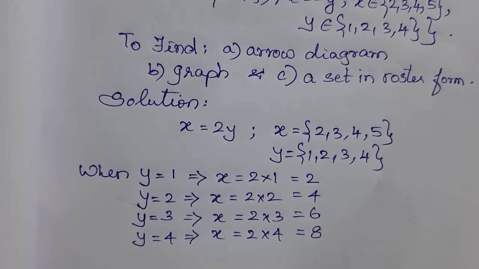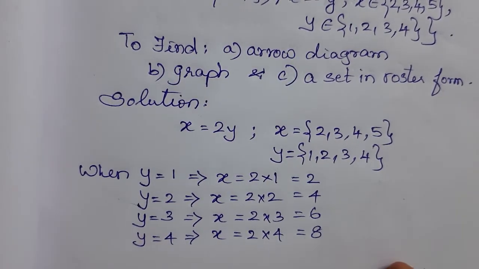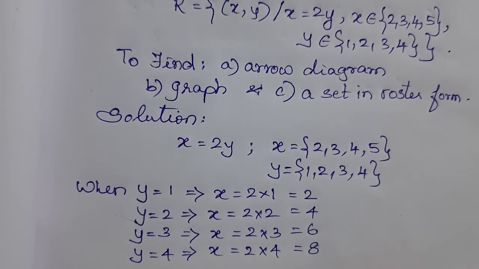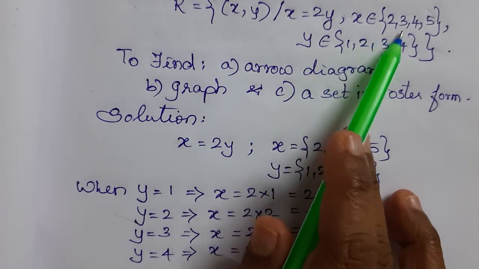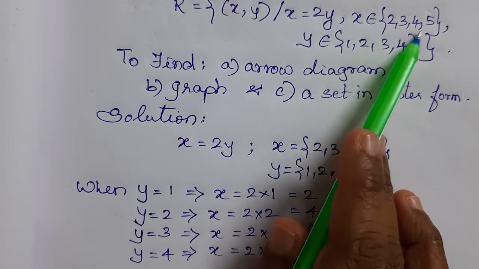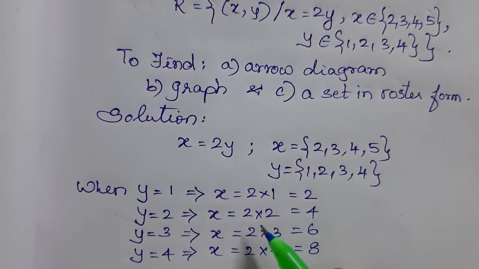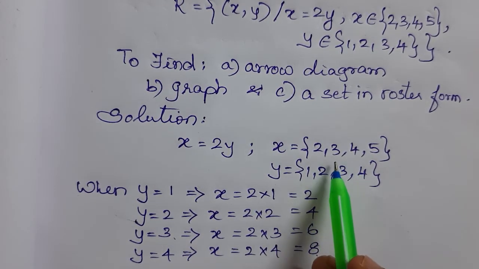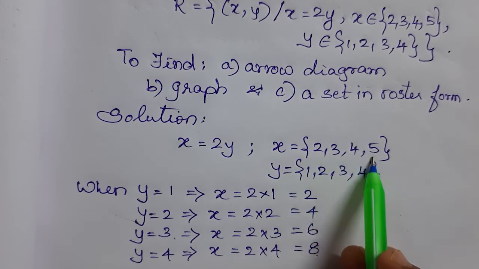Here we have found all the possible values, but the one thing which you mainly have to note is the relation {(x, y) : x = 2y, x belongs to {2, 3, 4, 5}}. So what are the elements of x? It is 2, 3, 4 and 5. Here when you substitute the values of y, you have got 2, 4, 6 and 8. But what are the elements of x? X has only 2, 3, 4 and 5.